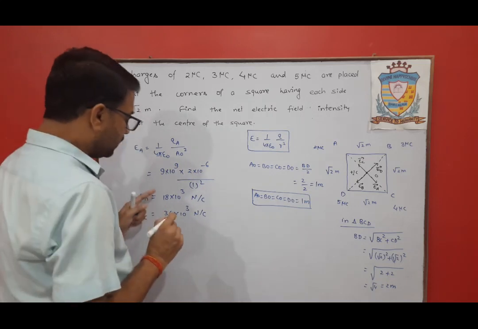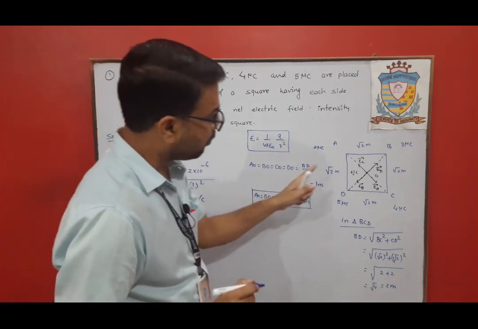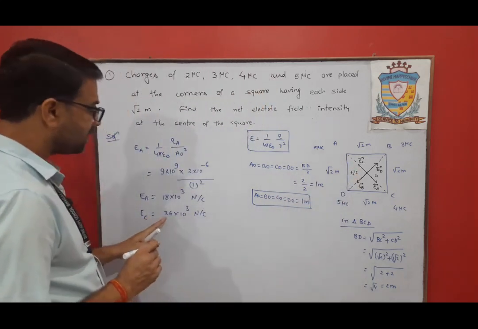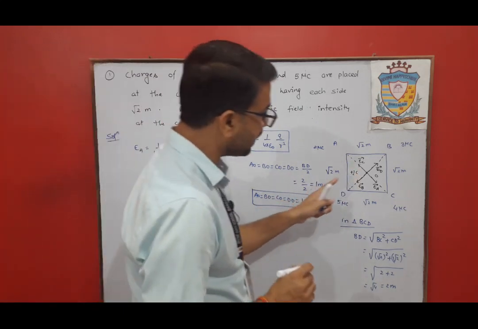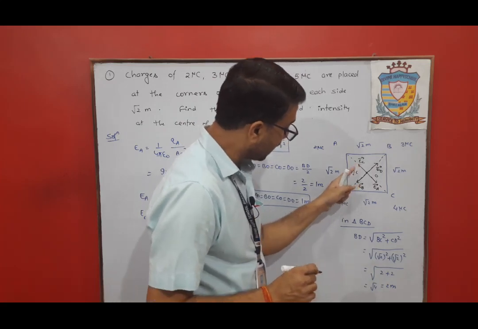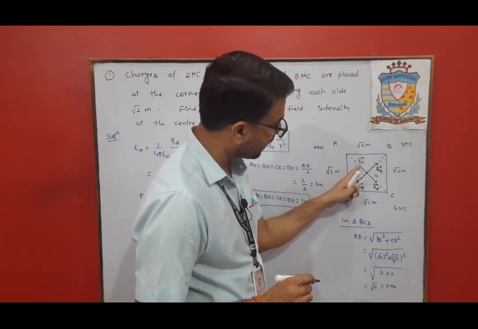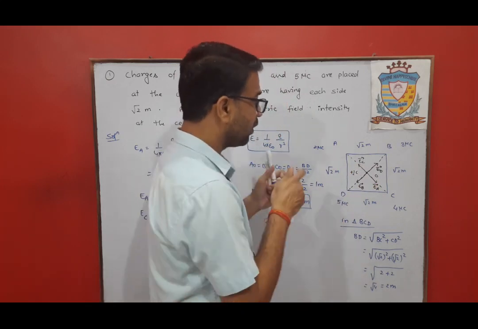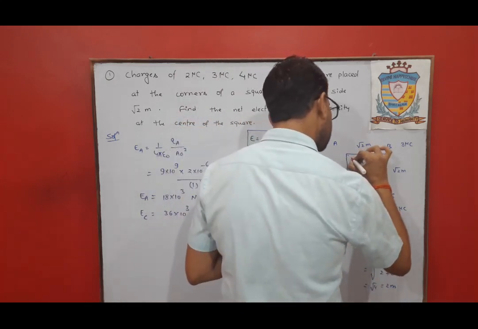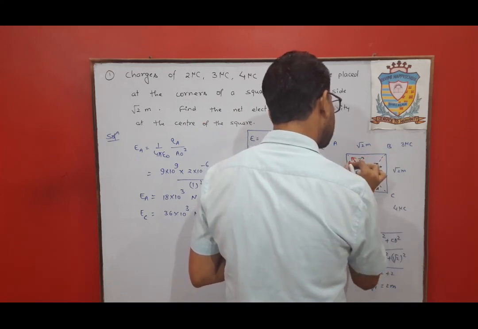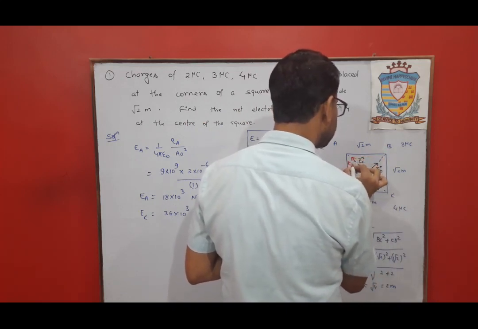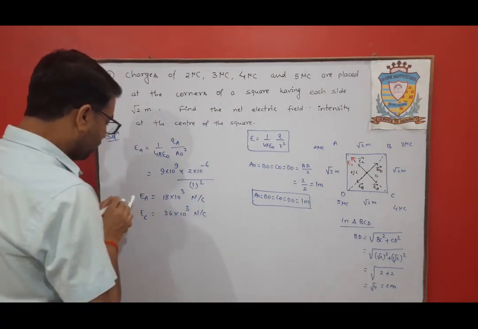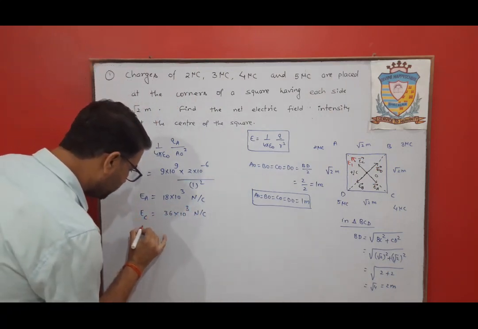Okay, now these two are opposite in direction. And here you can see EC is greater than EA. That means the net electric field intensity exerted by these two electric fields is in the direction of EC. Let that intensity be E1. So we can calculate the value of E1.